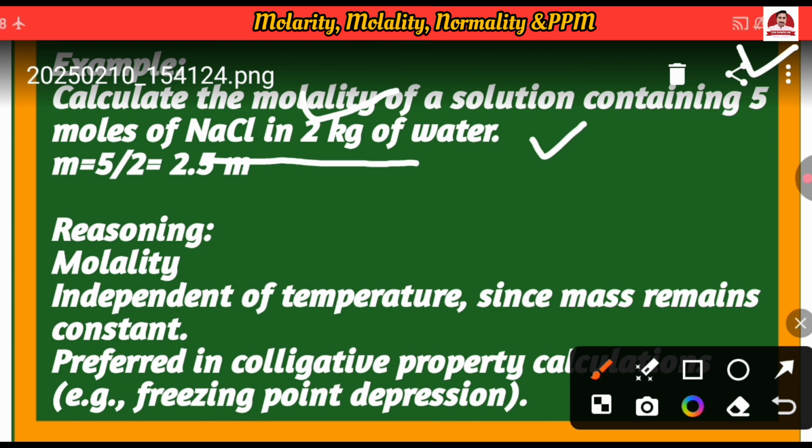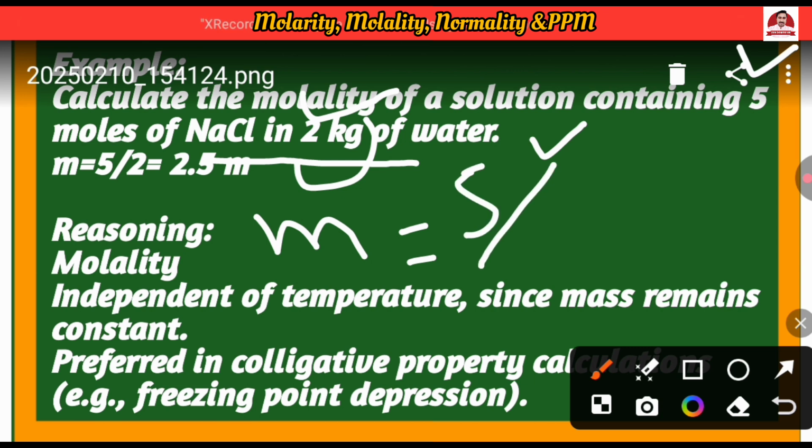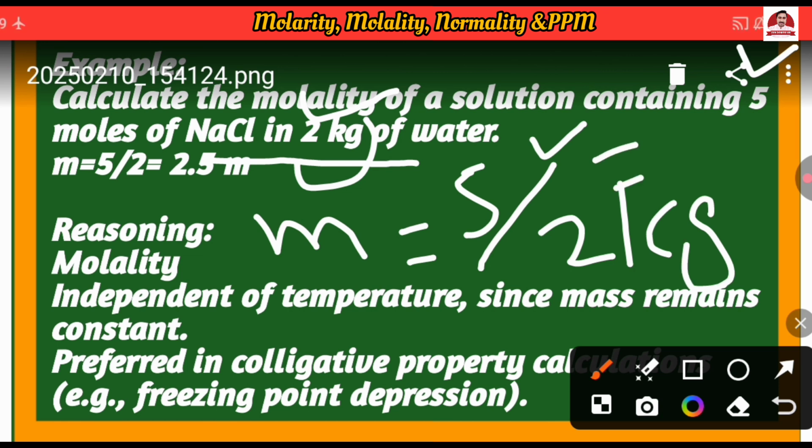Now by these two values we can calculate the molality of the solution. The molality is equal to the number of moles of solute, that is sodium chloride, which is 5, divided by the quantity of water, that is 2 kg, and after calculating mathematically we get 2.5 molal for this solution.